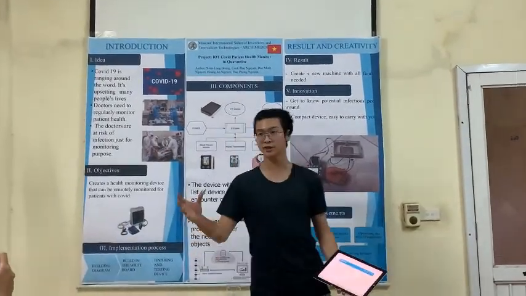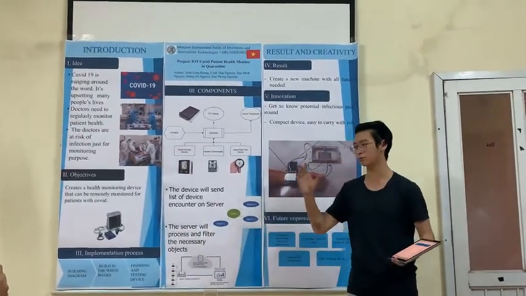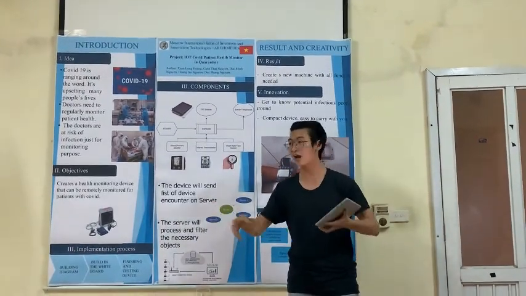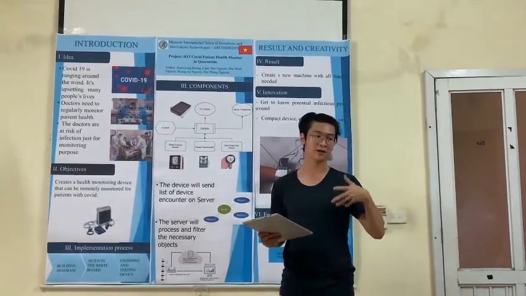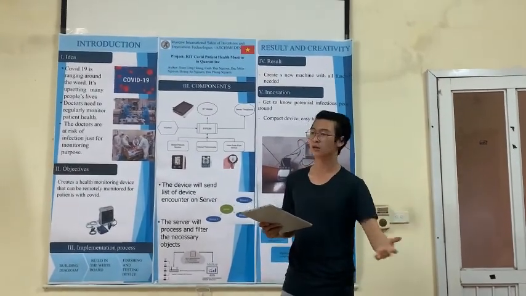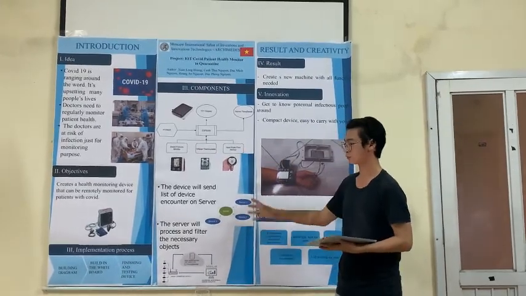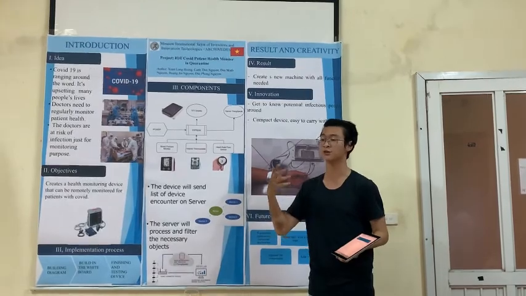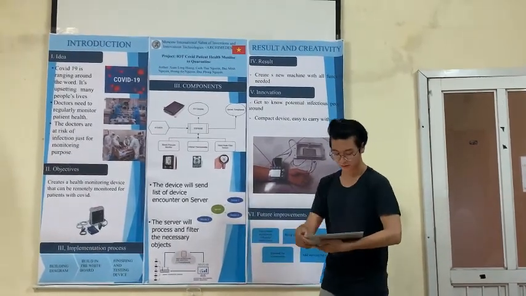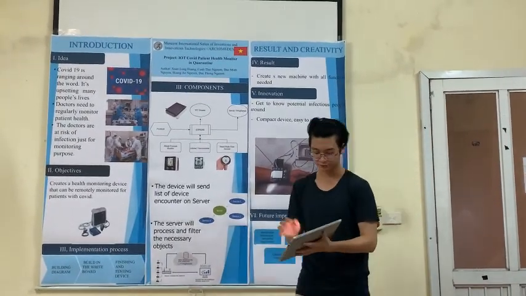And the server will process and filter the needed data. For example, this patient has a higher blood rate than normal, or that patient has higher blood pressure than normal. And so everything will be processed and sent to doctors so that they will know what to do and how to handle those patients.